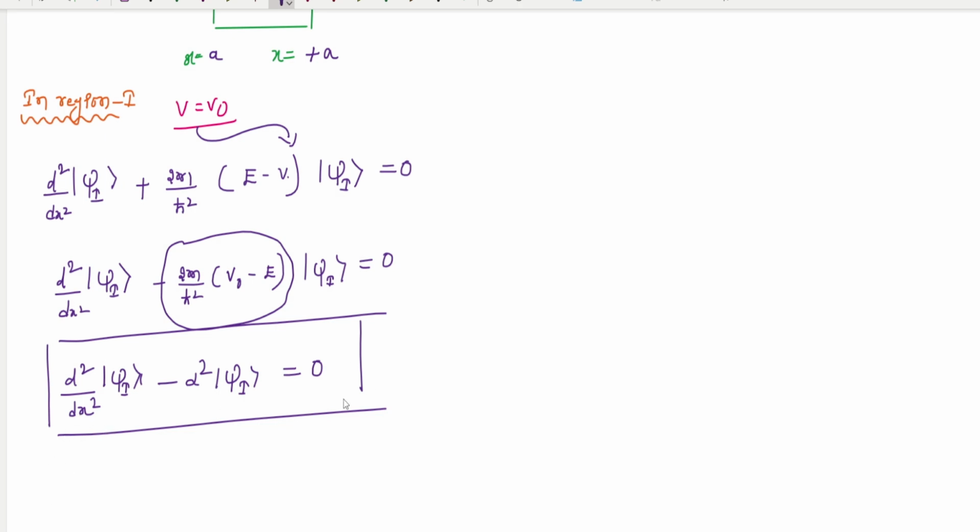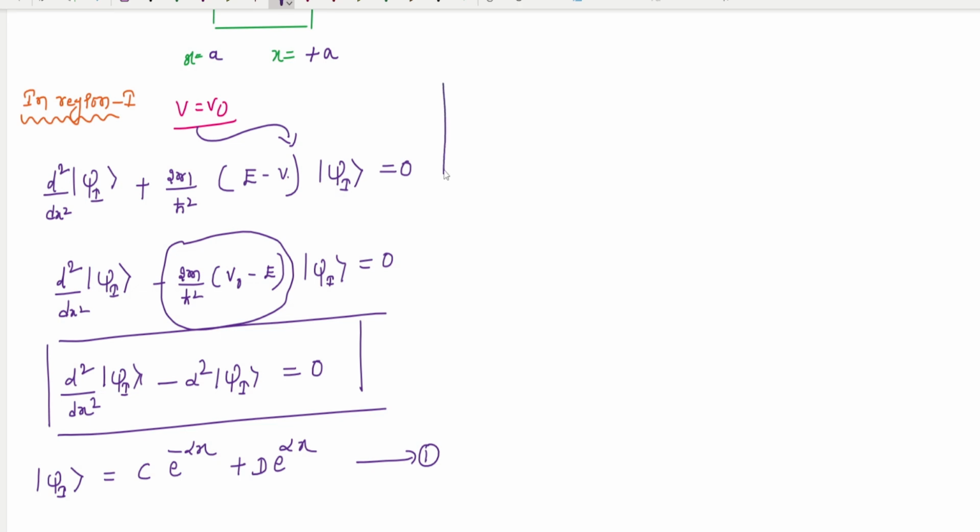The solution of this equation is the wave function psi in the first region equal to some constant C, I'm going to reveal why I'm using C after that, e power minus alpha x plus D e power alpha x. So this is equation number 1.